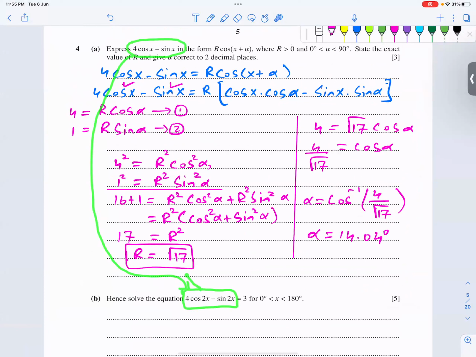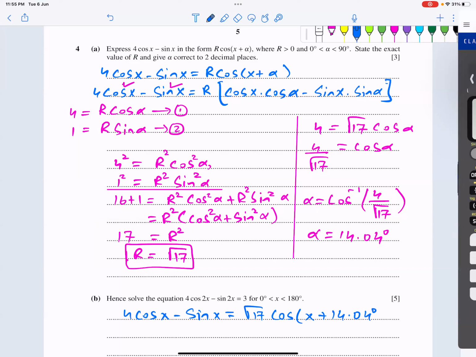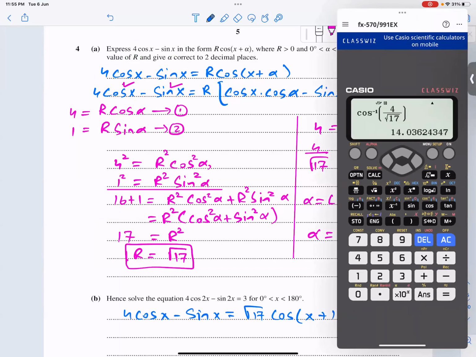So the expressions are the same, but the angles are different. If I write the answer for the first, 4 cos x minus sin x is equal to r, which is square root 17, cos of x plus 14.04 degrees. The answer was 0.3630.